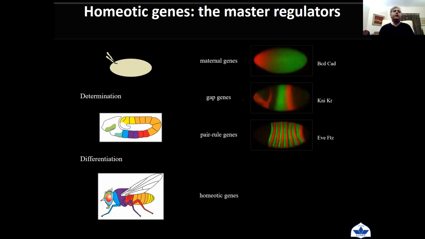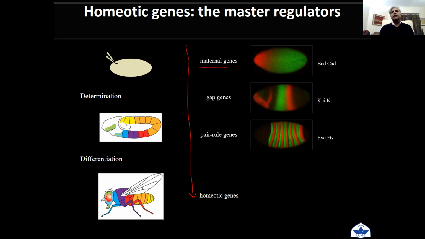Now we are going to talk about homeotic genes, which play a role as master regulators of development. They are so crucial in development that all the work laid down by the cascade of gene expression we have covered so far depends on them.